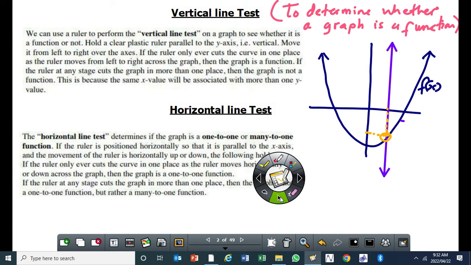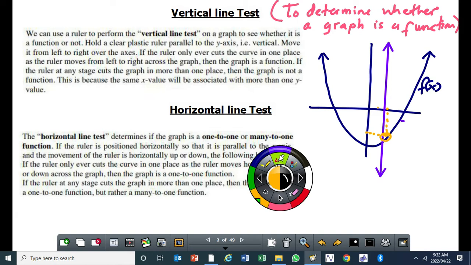If I move it again to another point, let's say to that point here in the third quadrant, there's one there.